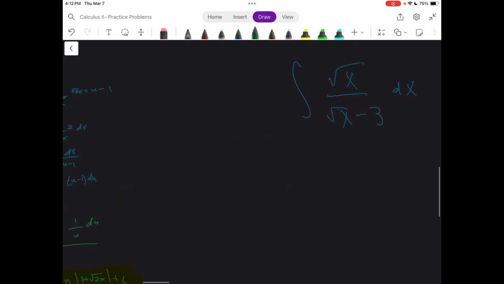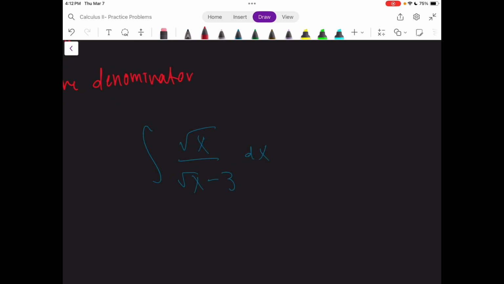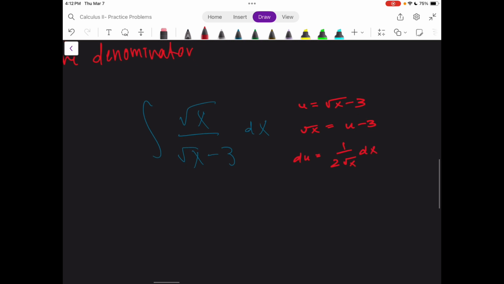We have another example here where u is again going to be the entire denominator. So u is equal to the square root of x minus 3, which means the square root of x equals u minus 3. And du is 1 over 2 square roots of x dx. But we know what the square root of x is. It's u minus 3.